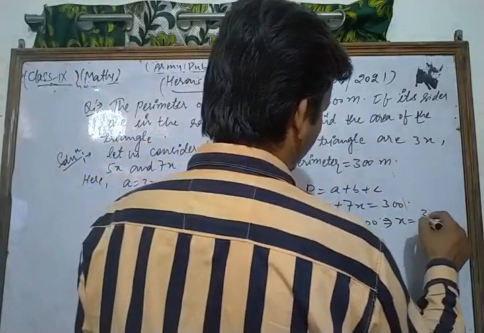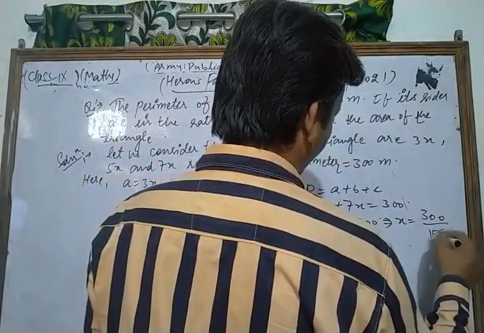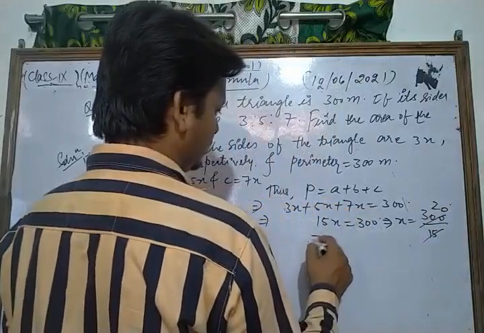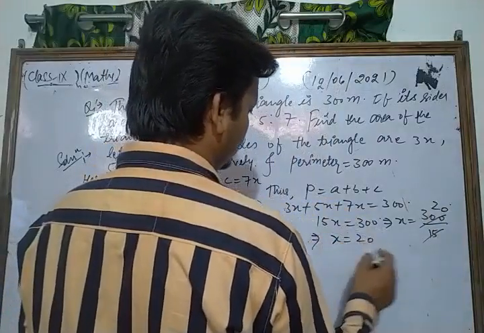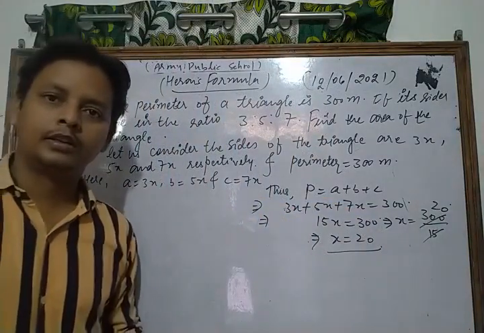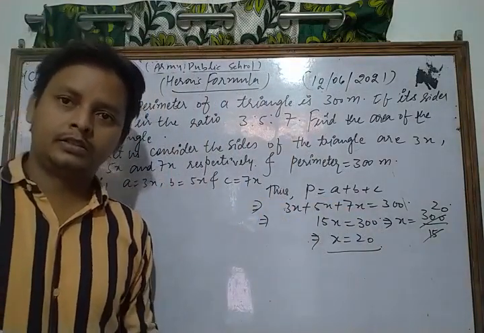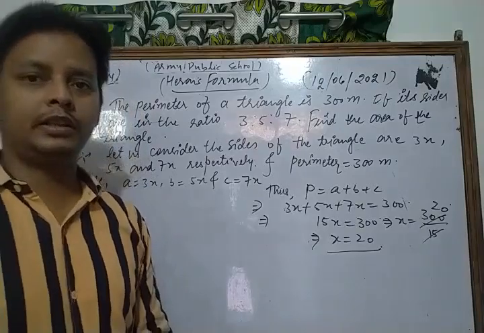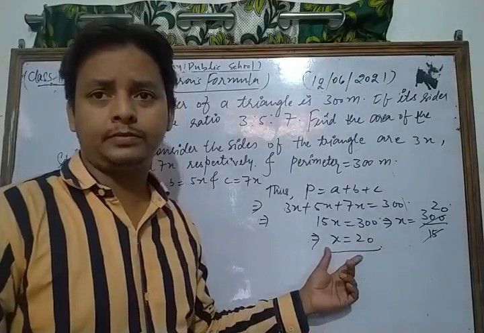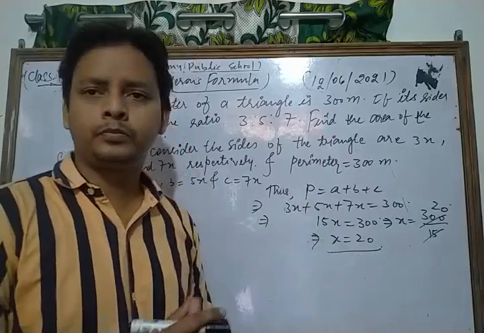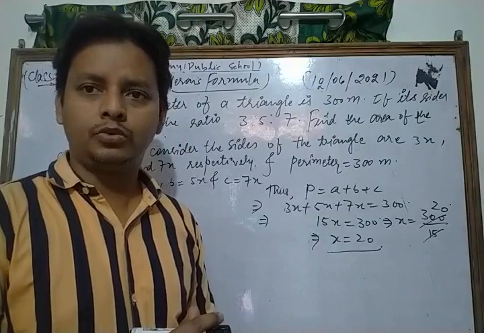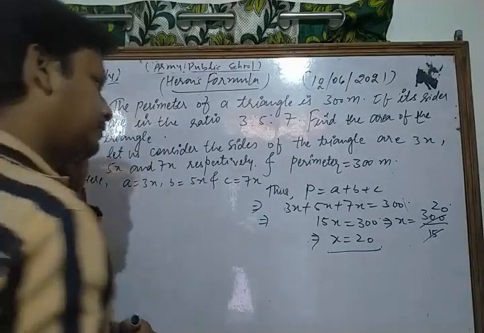So x is equal to 300 upon 15, which is 20. Thus, dear student, in this way we get the value of x as 20.